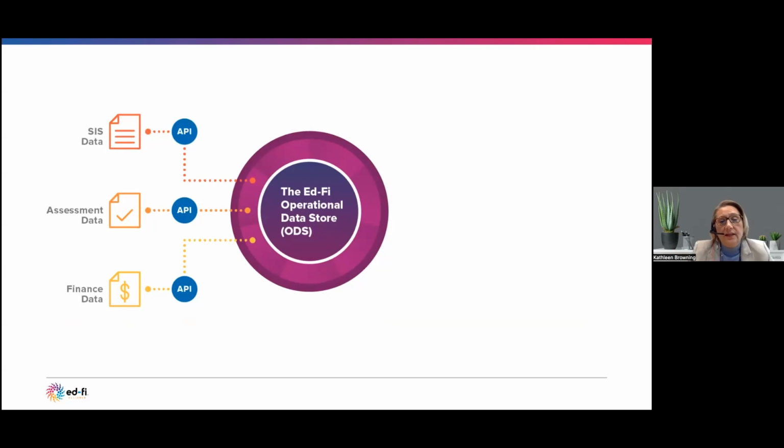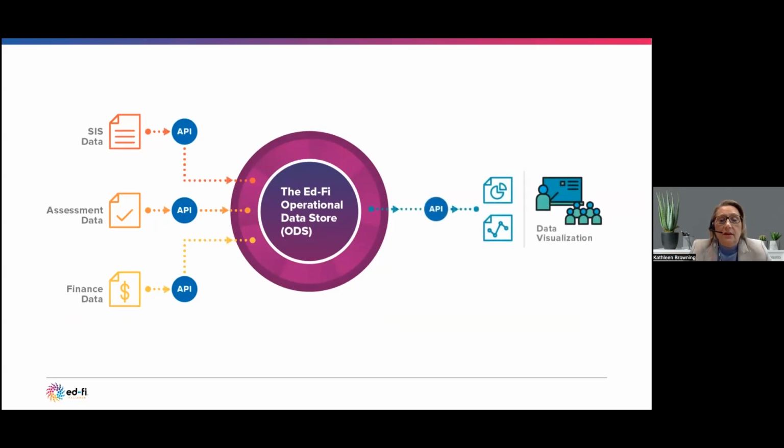Now, once you've got your data in your operational data store, you might ask, what do we do next? How do we access it? So you can use the same Ed-Fi data standard and API to extract data out of your operational data store. In this example, it would be to use data visualization right on top of your ODS.